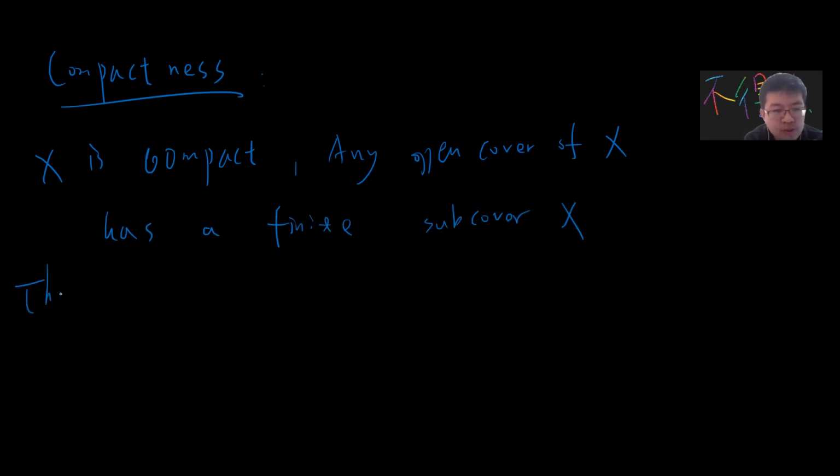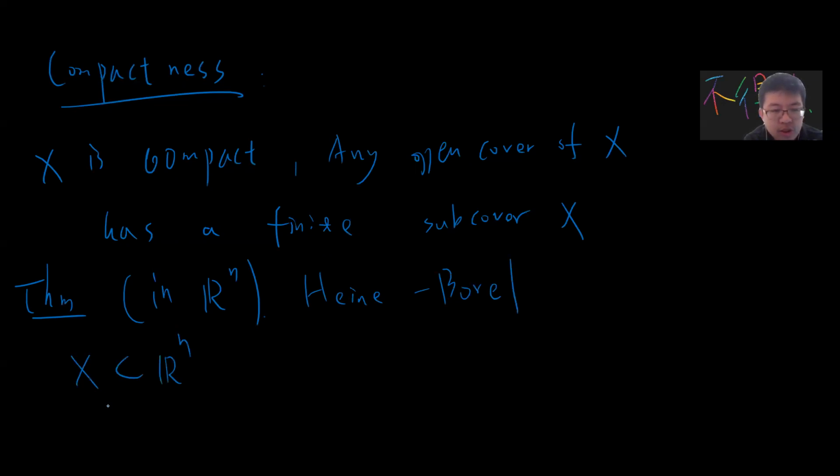And a very famous theorem in calculus, which you can check out in my calculus video with the link below, is Heine-Borel. It says that if you take R^n, the Euclidean n-dimensional space, then x is compact if and only if x is closed and bounded.